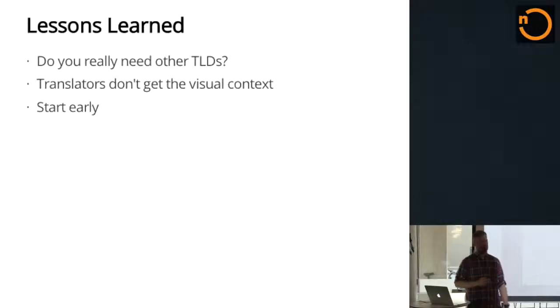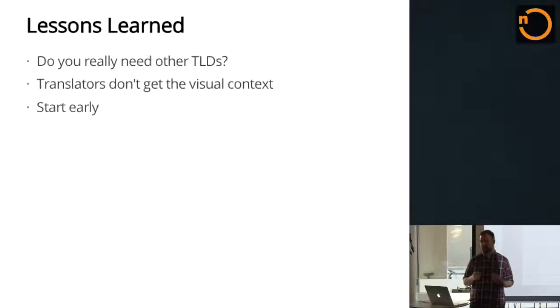The lessons learned: if we had a time machine, I would ask really loudly, do you really need multiple TLDs? I don't know, but if you can get away without doing it, you'd save a lot of complexity. We also learned that translators don't get the visual context for things. We support free and paid events, and that means we have labels on the site for buttons that say free or paid.